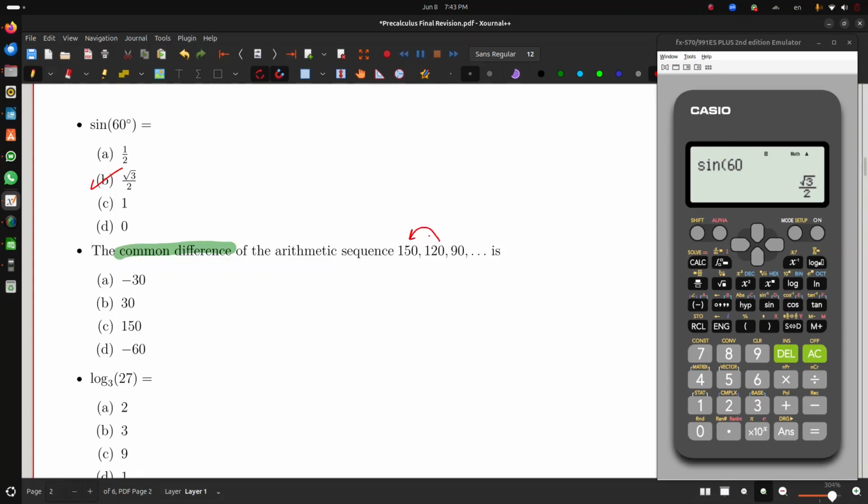You make the second number minus the first number, or the third number minus the second number. You choose any two numbers beside each other, and then you get their difference. So it will be 120 minus 150, and the answer is negative 30.